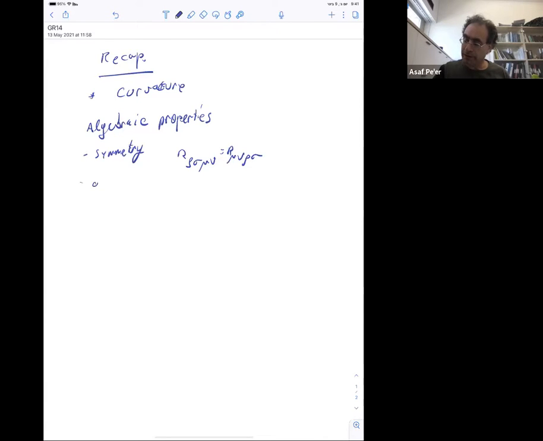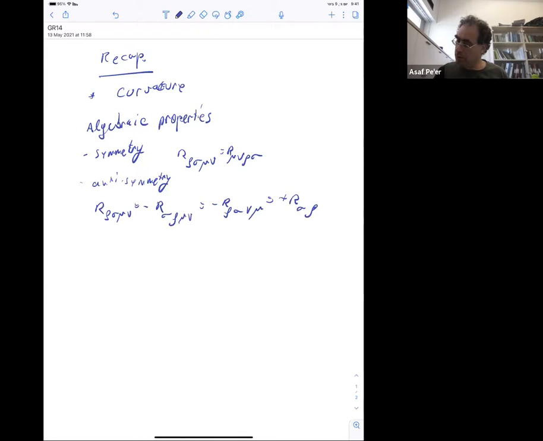Then anti-symmetry with exchange of two nearby indices: R rho sigma mu nu is minus R sigma rho mu nu, is minus R rho sigma nu mu, is plus R sigma rho nu mu.